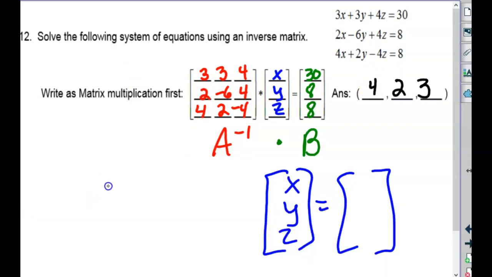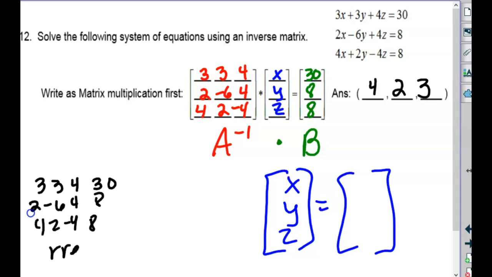Now, if I had put it all into one big matrix, 3, 3, 4, 38, 2, -6, 4, 8, 4, 2, -4, 8, and then did RREF, what would it have looked like when we were all done?